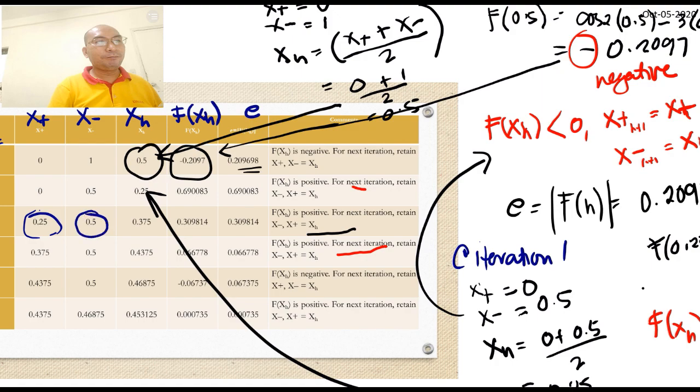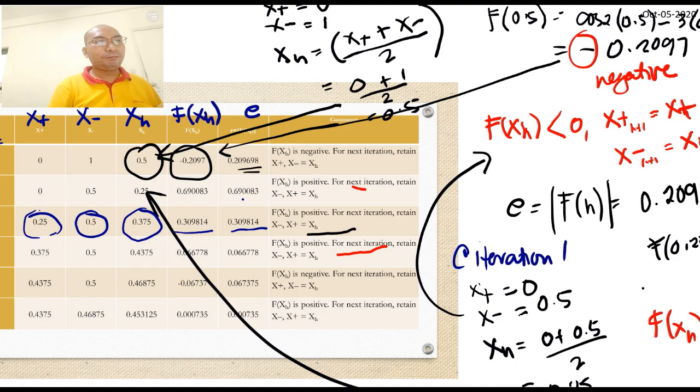Our x minus retained its value, and of course you solve for x sub h, that will be 0.25 plus 0.5 divided by 2, that is 0.375. And if you substitute it to the equation, it will result to 0.309814, and the error is just the absolute value of this one. So regardless of positive or negative, it will assume a positive value.